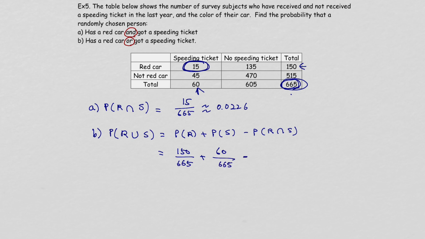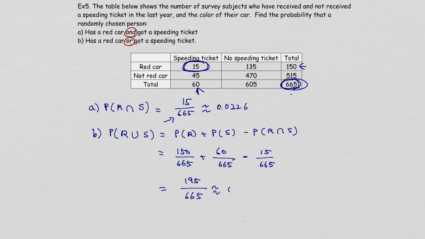And then you're going to subtract your "and", which is 15 out of 665. That's where I got this number from, right? When you do 150 plus 60 minus 15, you get 195 over 665.